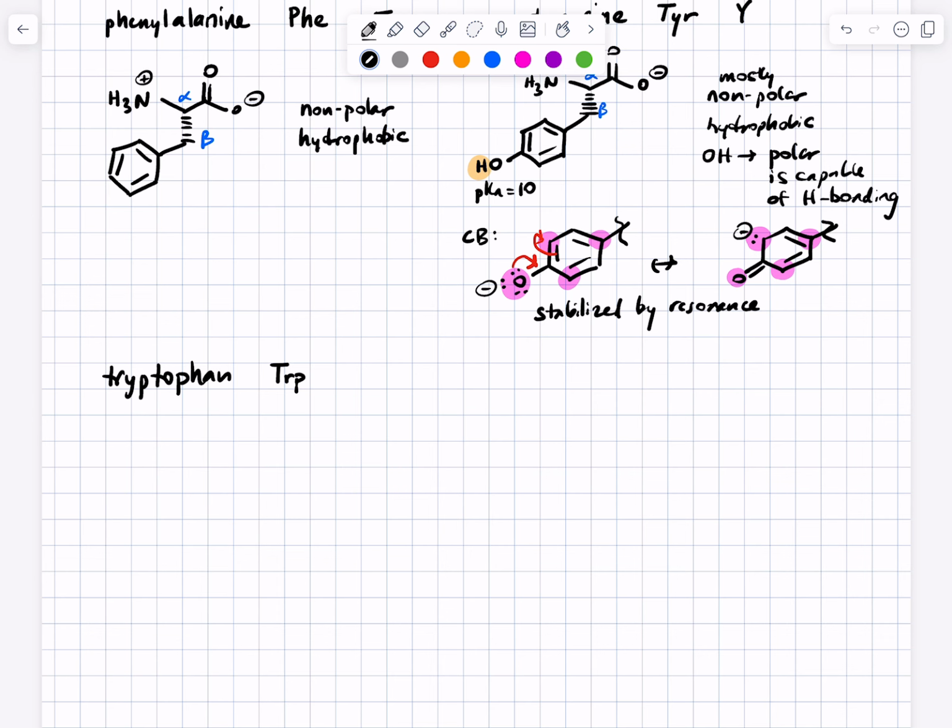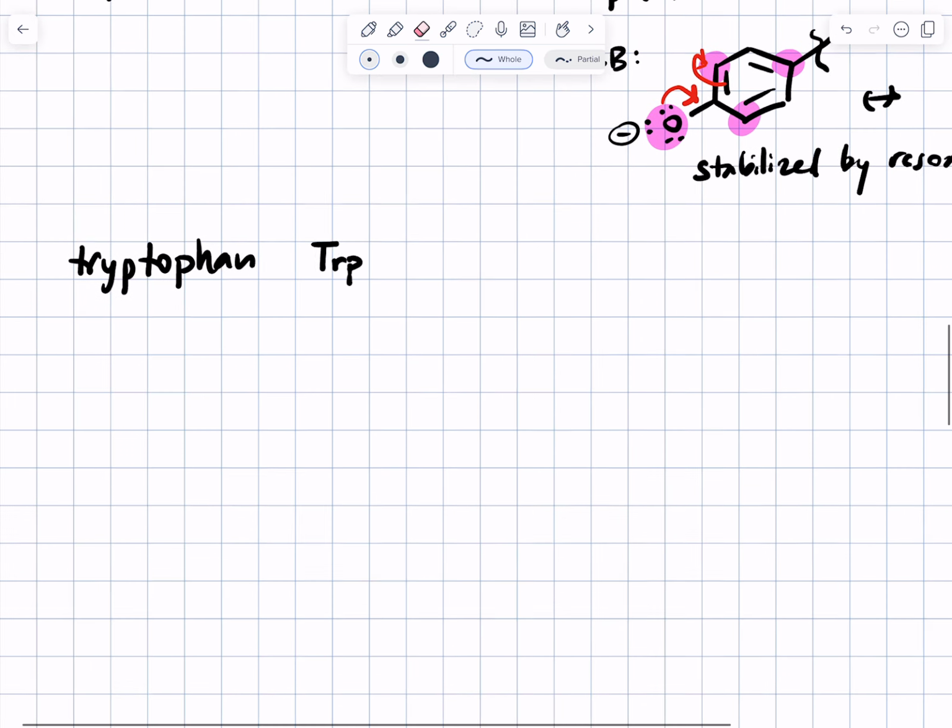And my advisor could not resist using TRP to say trip. There was some old phrase about tripping to the light fantastic, so I don't know what that means, but you'll have to look it up. But his title was like, mini proteins trip TRP to the light fantastic. And it was punny if you were a nerd. Sometimes if you use amino acid puns, you can detect fellow nerds.